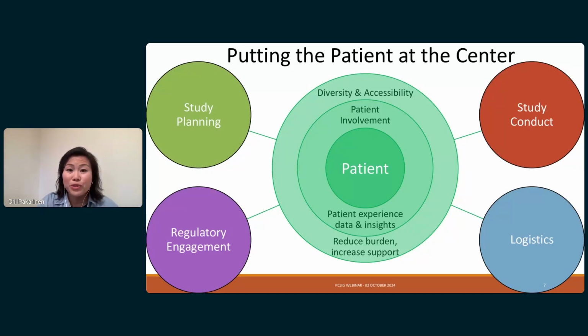We also made a poster that distilled this nicely so that everyone could take a copy of it and read when they have time or bring to their teams. This is also available on the PCSIG website, maybe. If not, then on MediPace. We also wanted to emphasize that you don't have to invent anything.